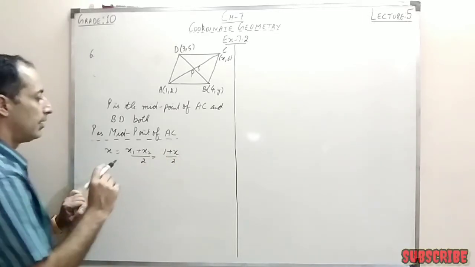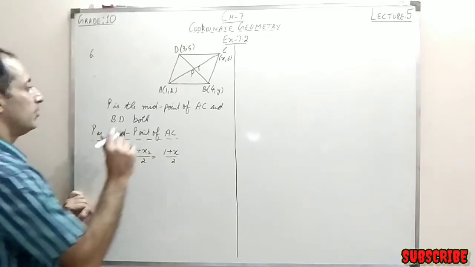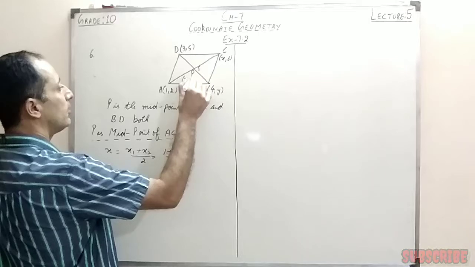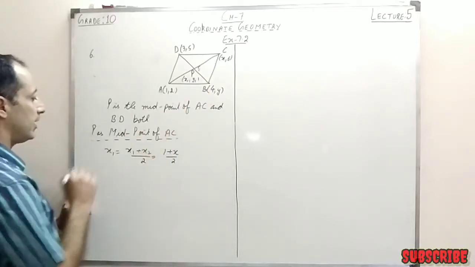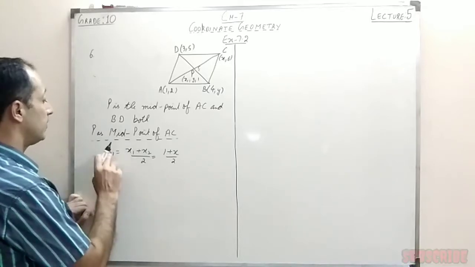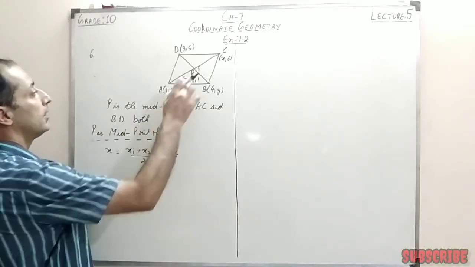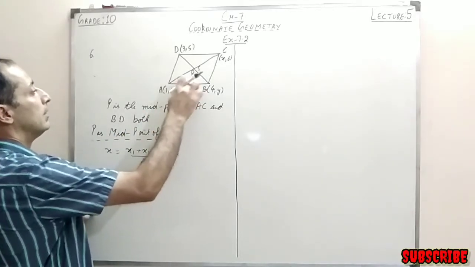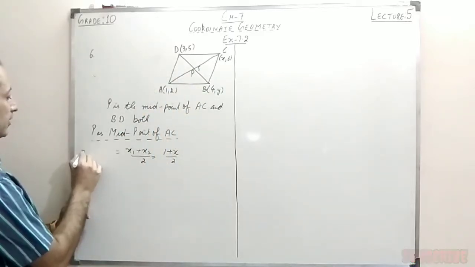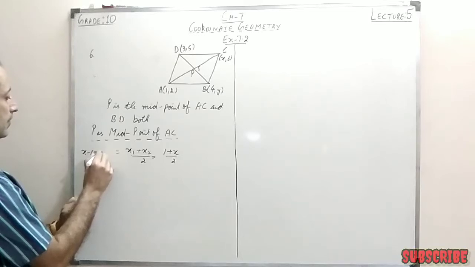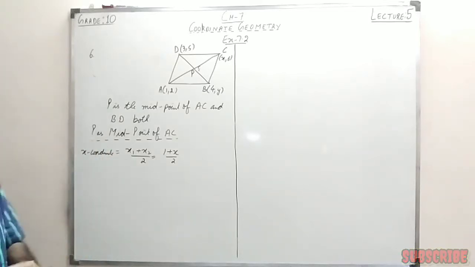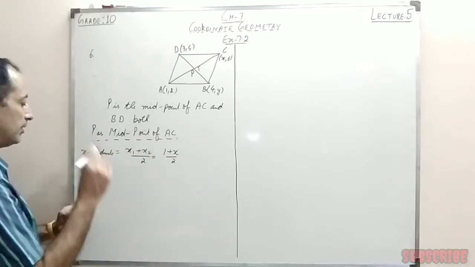There can be slight confusion, so we can simply write it as the x coordinate. The x coordinate is x1 plus x2 upon 2, so that is 1 plus x by 2.